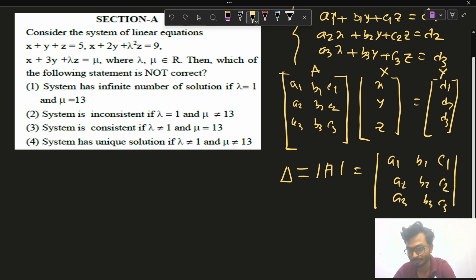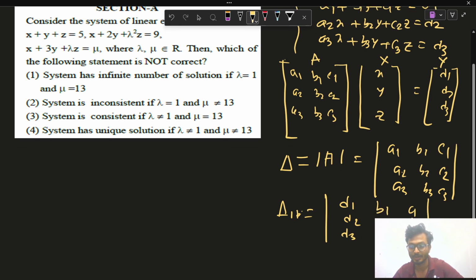This is our delta, and we define delta 1 by replacing the column a1 a2 a3 by d1 d2 d3, and the rest are the same: d1 b1 c1, d2 b2 c2, d3 b3 c3.